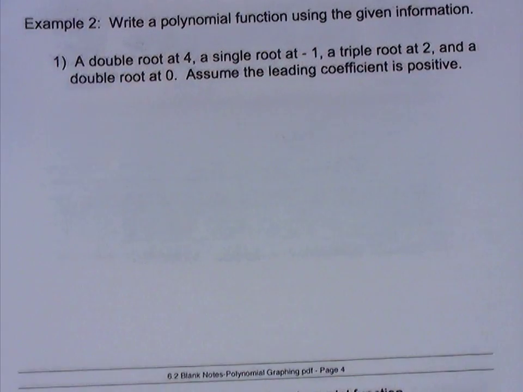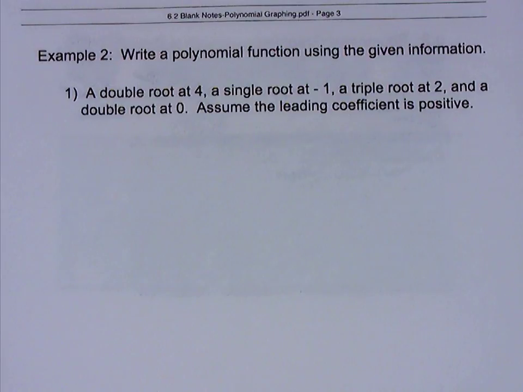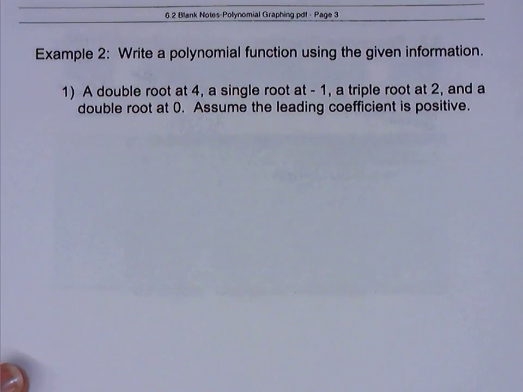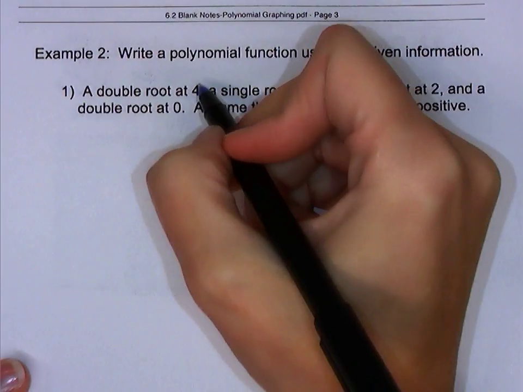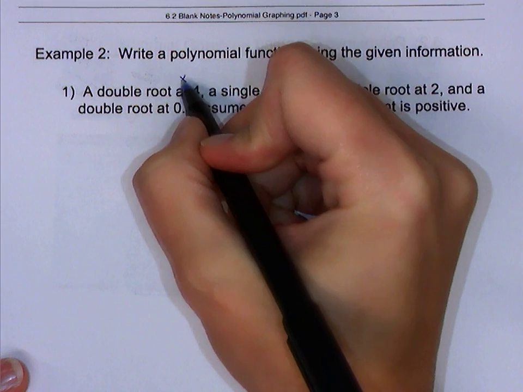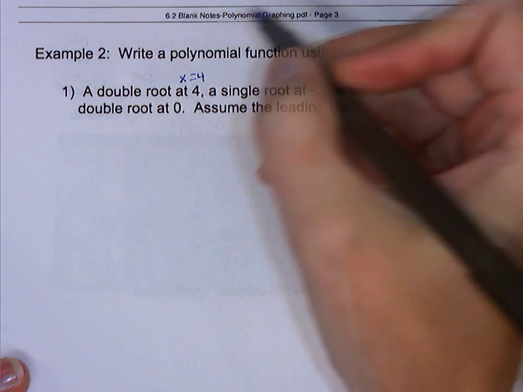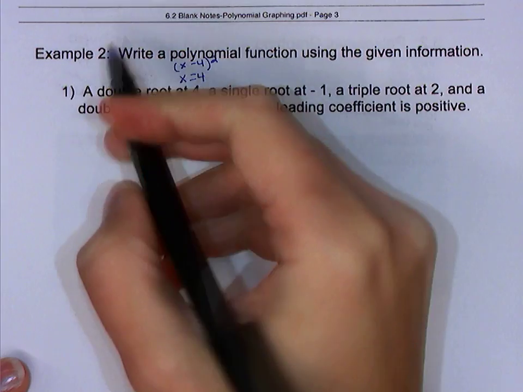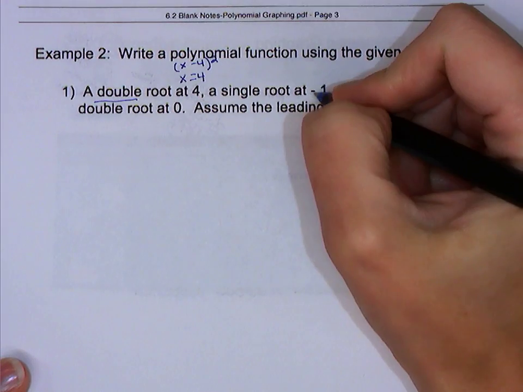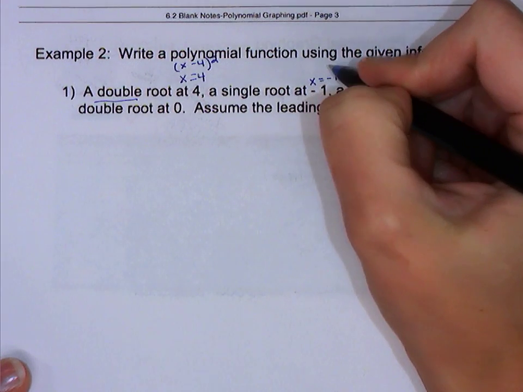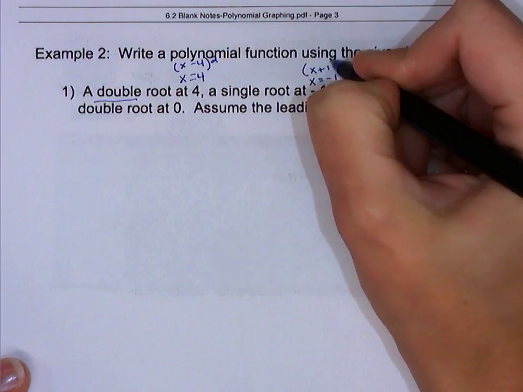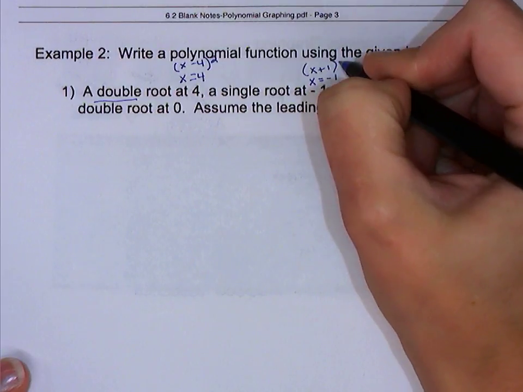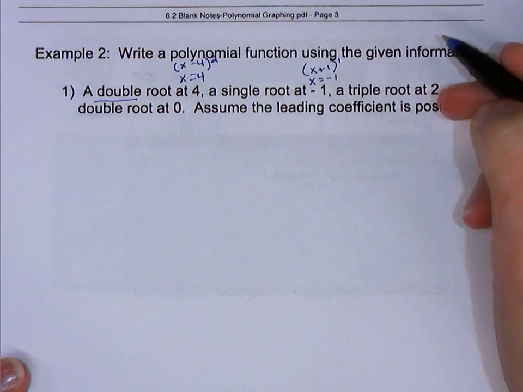Okay. Some other things that you're going to do is write a function using some given information. So if I tell you there's a double root at 4, convert that, that would be x minus 4 squared, since it was a double. A single root at negative 1, add that back over, that would be x plus 1, a single to the first.